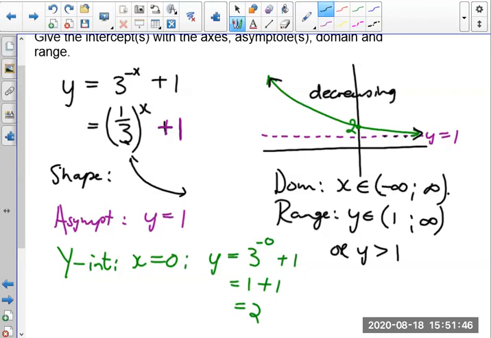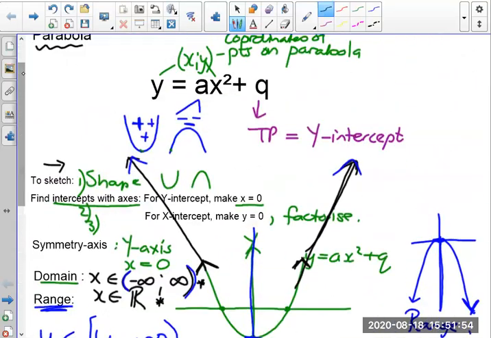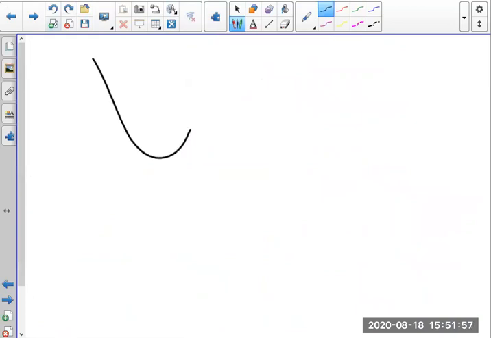I forgot to say for the parabolas, so I'm just going back to my first parabolas. If I have a smiley parabola, a parabola is the only graph that you're going to do. Well, don't forget about the trigonometry graphs. Yes, the trigonometry graphs as well. But the parabola is the only one of the algebra graphs that is decreasing as well as increasing.